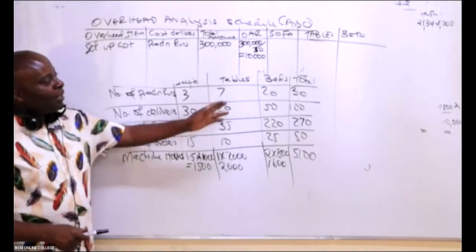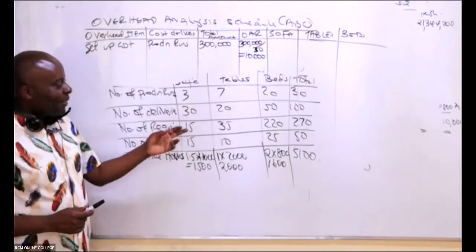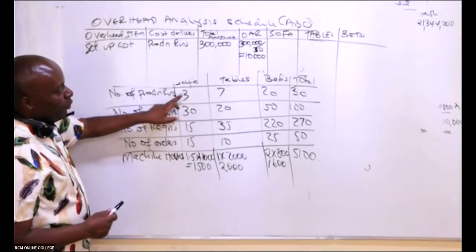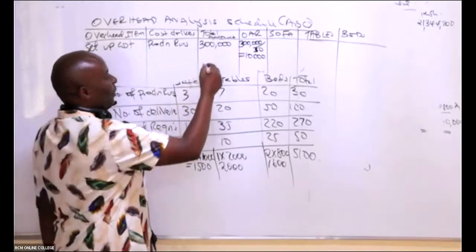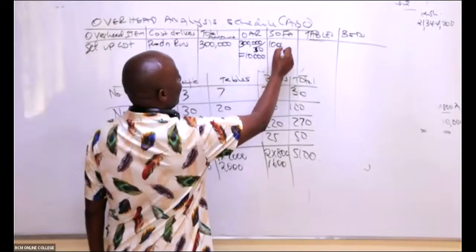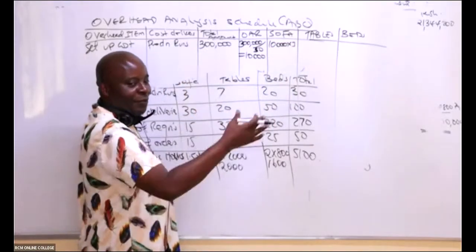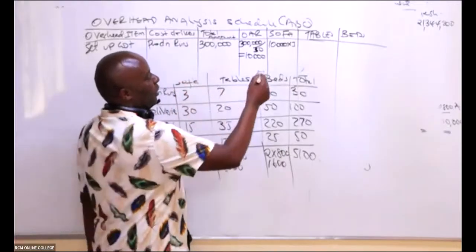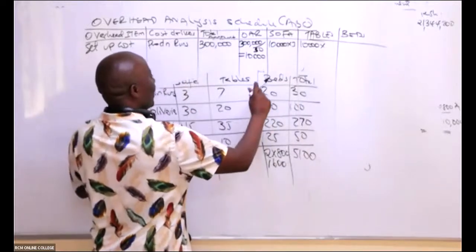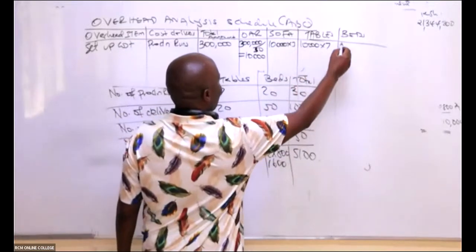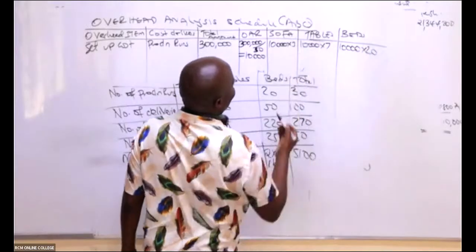So how do I spread this amount to the sofas, tables, and beds? We have the production runs for sofa sets, so this will be 10,000 times 3. You don't have to do these workings in your exam. If you just understand, you post the answers direct. This will be 10,000 times 7, and this will be 10,000 times 20.